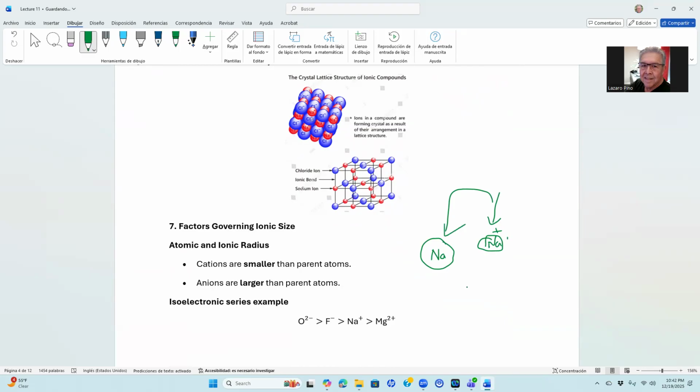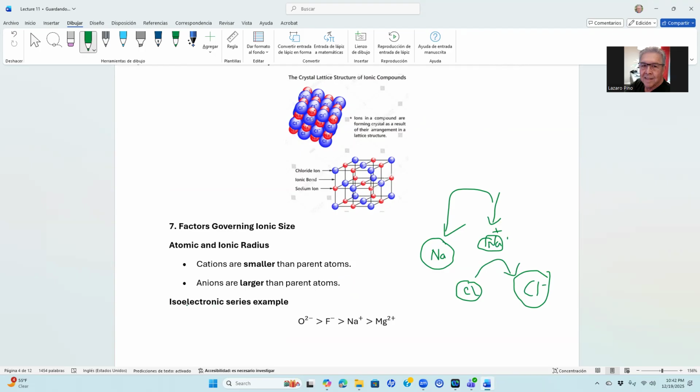In the opposite, if this is the anion and the anion gains 1 or 2 electrons, the anions are larger. For example, Cl negative 1 is larger than the chlorine atom.